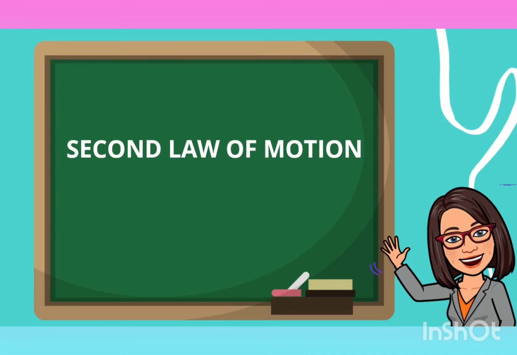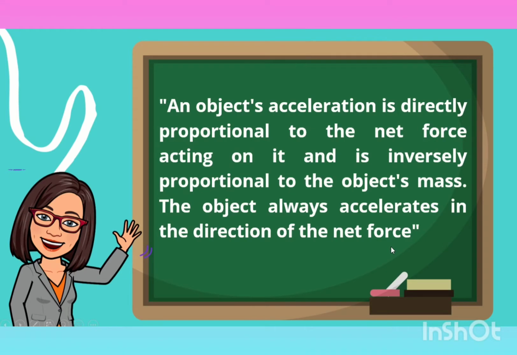This is the essence of the second law of motion, which can be stated as: an object's acceleration is directly proportional to the net force acting on it and is inversely proportional to the object's mass. The object always accelerates in the direction of the net force. Remember that the net force is the sum of all forces acting on it.